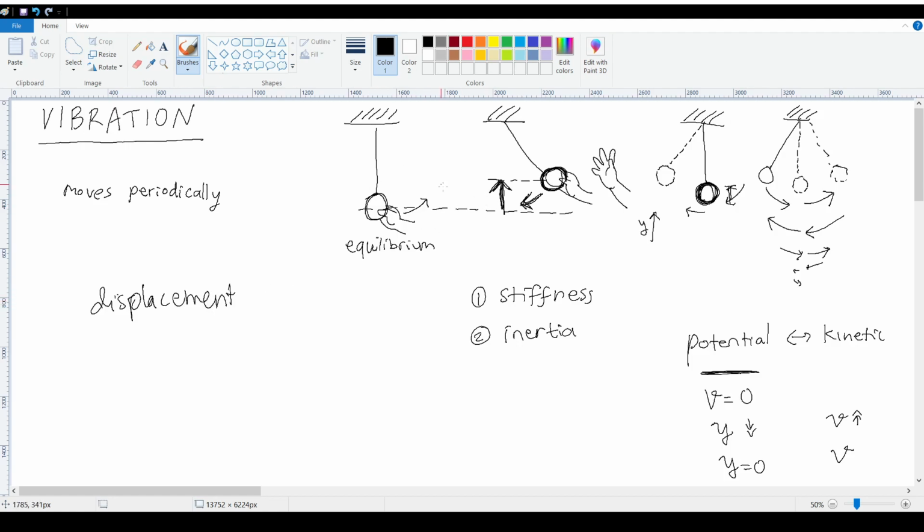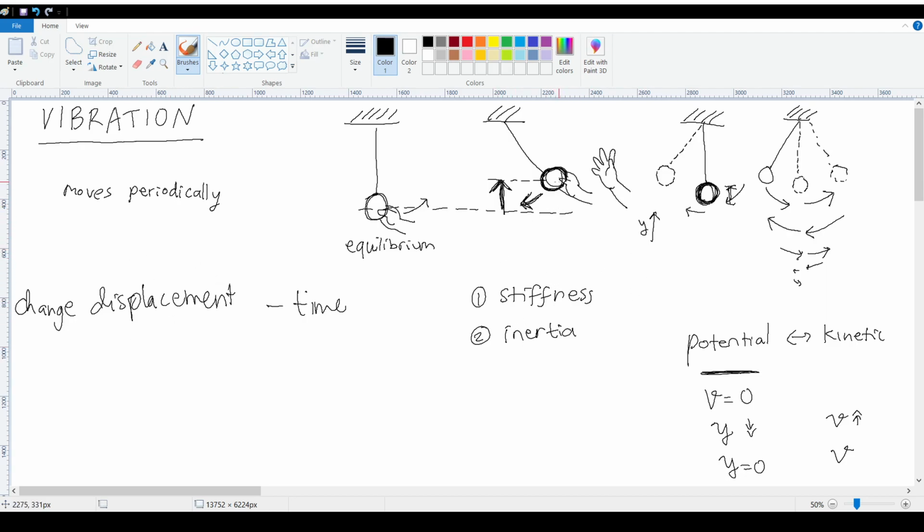When a system vibrates, you can see that the system has a change of displacement with respect to time, right? The displacement would always change over time.